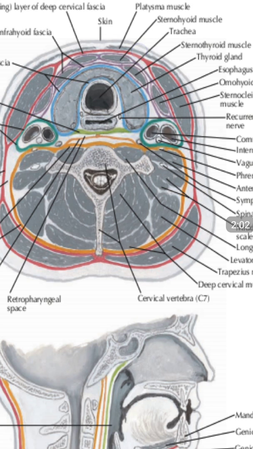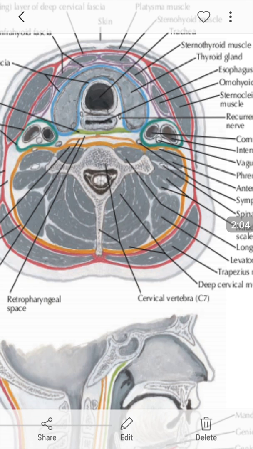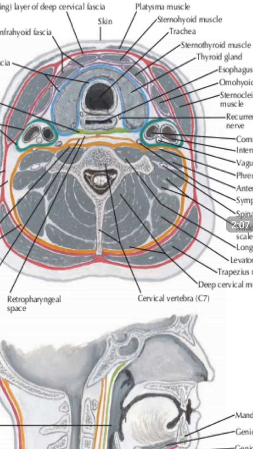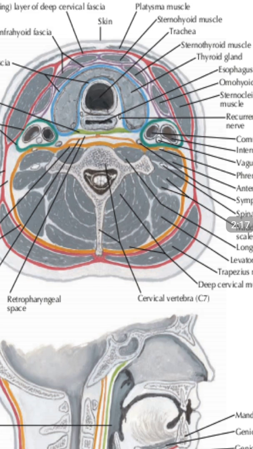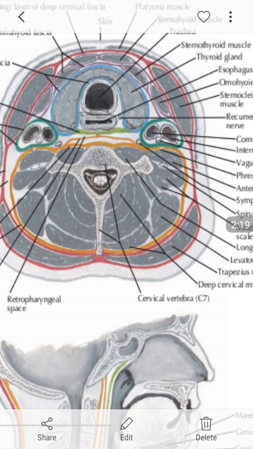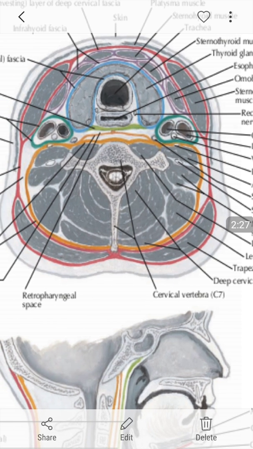So first of all, the investing layer, the red one: you can see it is surrounding the whole neck in the form of a collar. So this is the sternocleidomastoid, and this is the trapezius on both sides behind. As you can see, this investing layer splits to invest the sternocleidomastoid on one side, then it unites again, then again it splits to wrap the sternocleidomastoid.